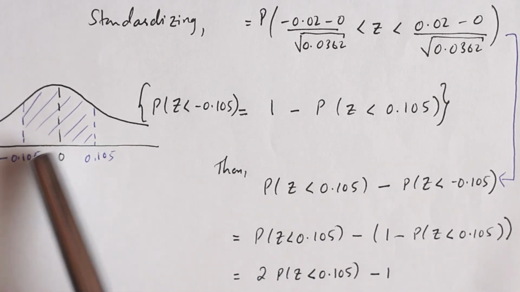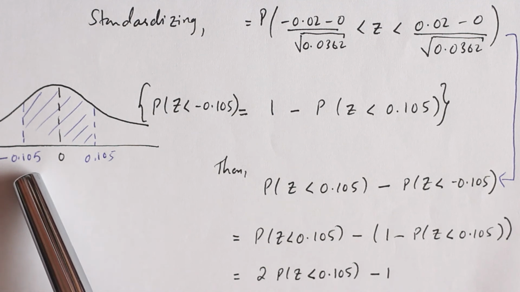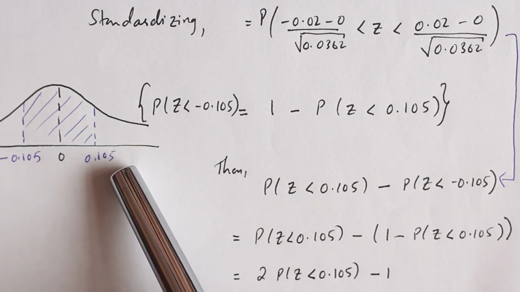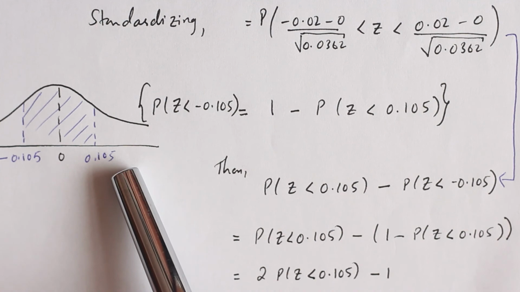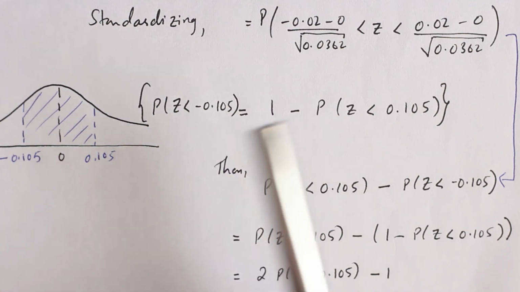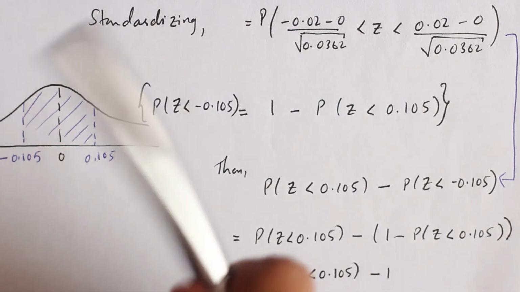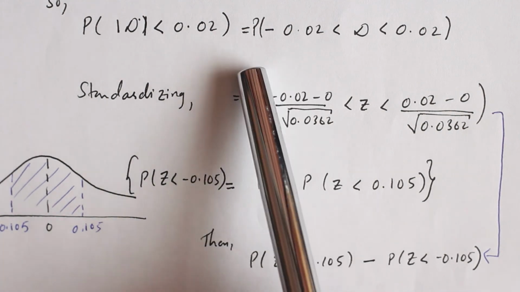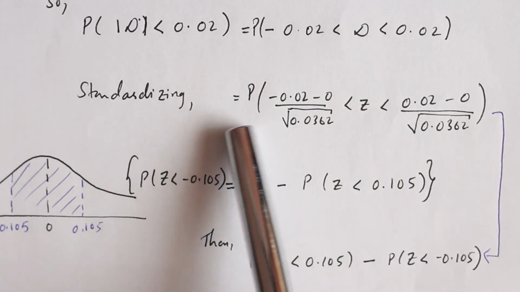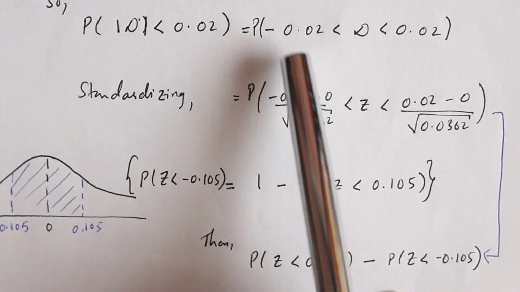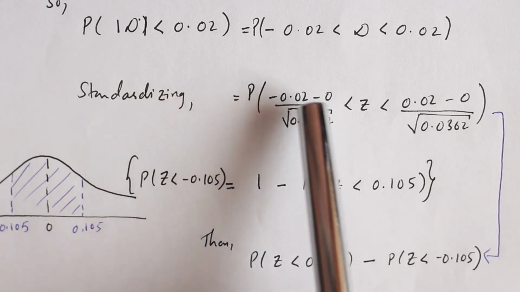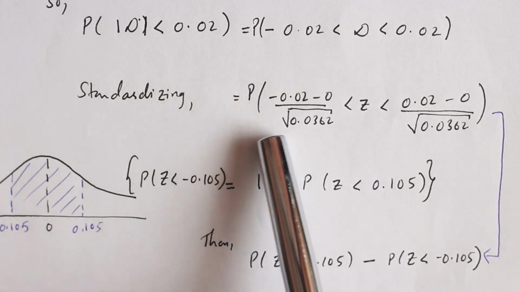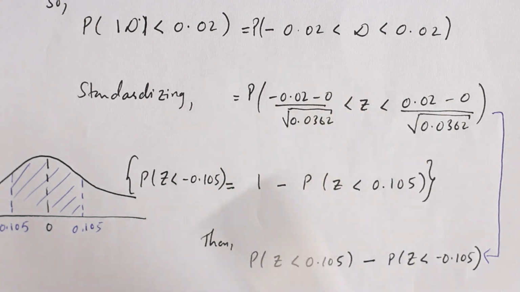So this is the diagram that I've shown as a visual version of the solution. So again, you basically standardize this here. Minus 0.02 minus 0, the mean is 0 here, and the standard deviation will just be the square root of the variance.